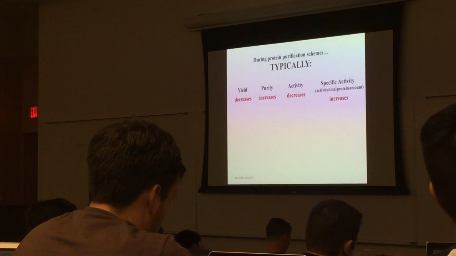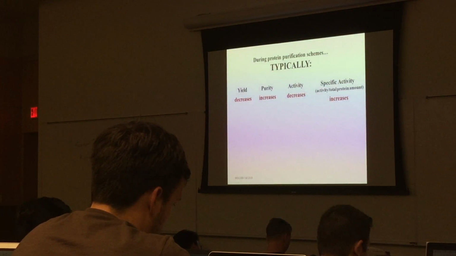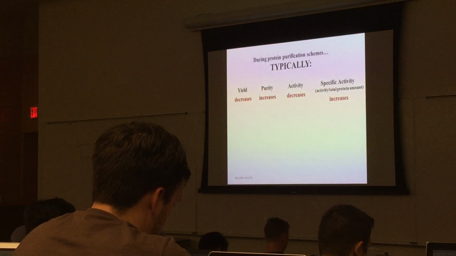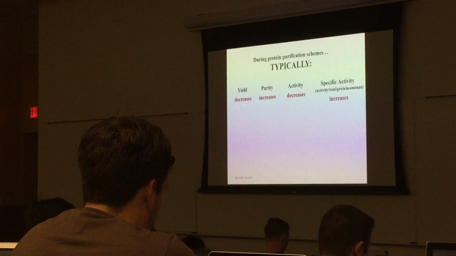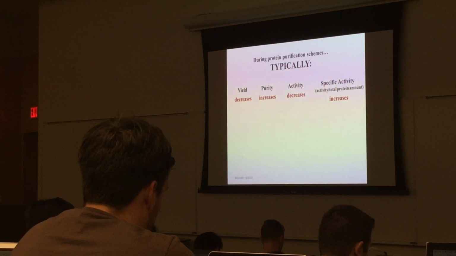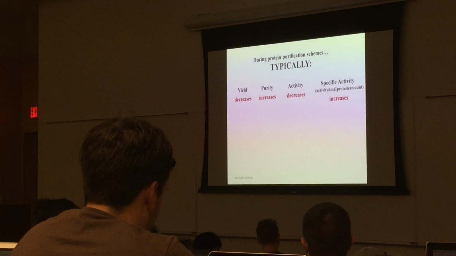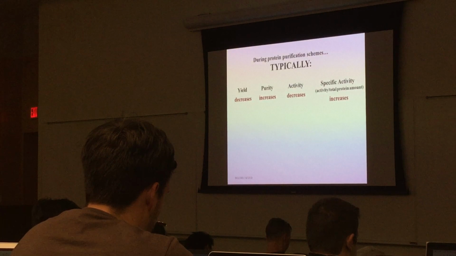And I say hopefully because if you compare the specific activity of two different purification schemes, one done by me and one done by you, the one that has the highest specific activity is probably the one that's the purest. The caveat to that is you're making the assumption that every protein that is present is 100% active. Okay?